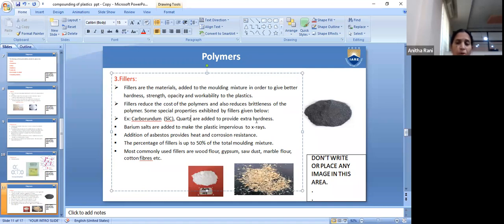So to get better hardness, students, remember that what we add to the polymer resin is carborundum, that is silicon carbide, and quartz.